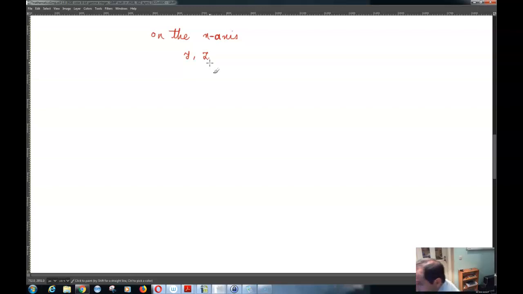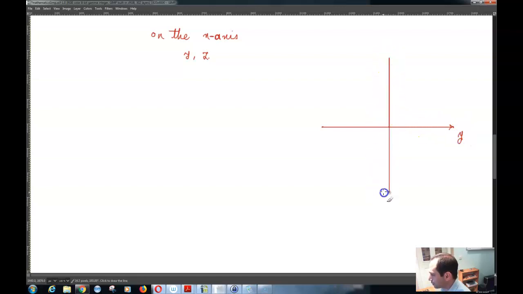So if your point is on the x-axis, basically, if this over here is the y-axis, and if this over here is the z-axis, then the x-axis would be over here, and this would be the x-axis.